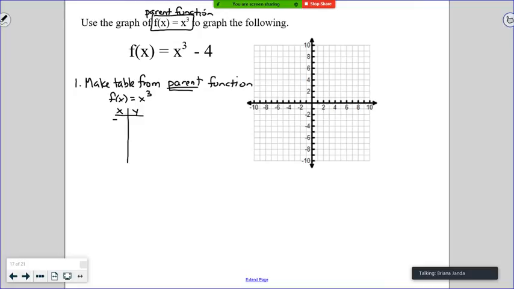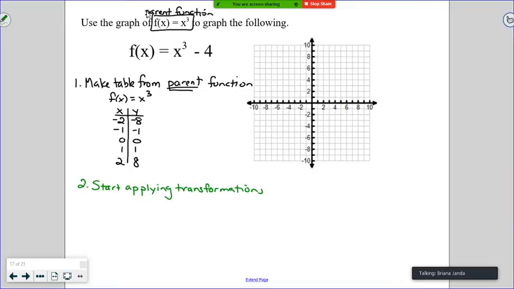Now, if I go find that, it was -2, -1, 0, 1, and 2. Cubing each of those, -8, -1, 0, 1, and 8. Then I start applying transformations. This table 100% always just comes from whatever we just wrote on our cheat sheet. People are like, well, what about the -4?